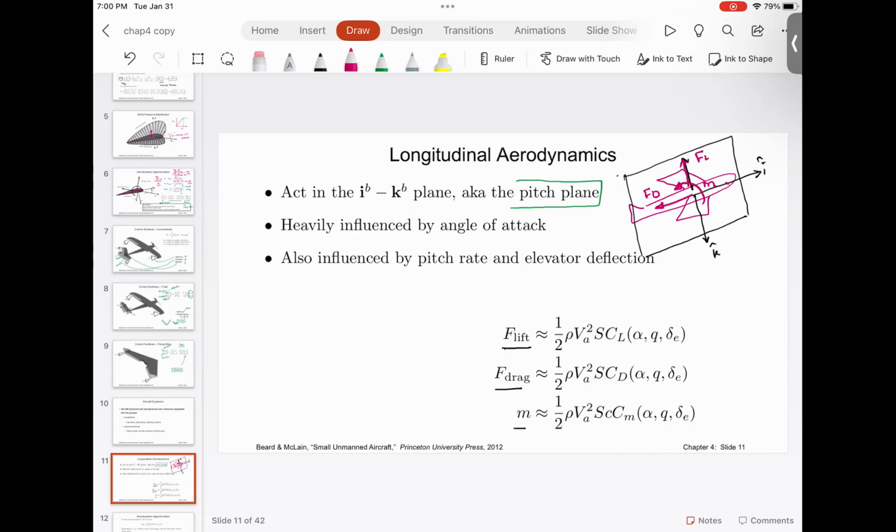So this coefficient of lift is a function of angle of attack, pitching moment, and elevator deflection.